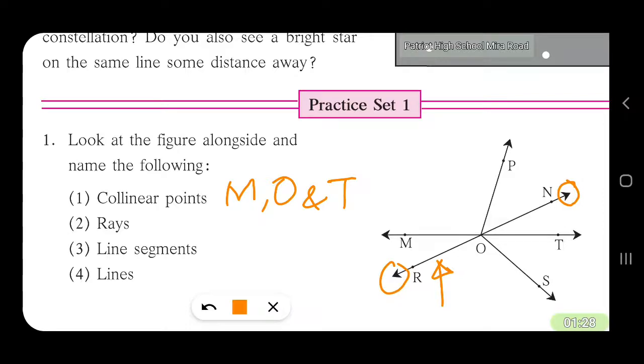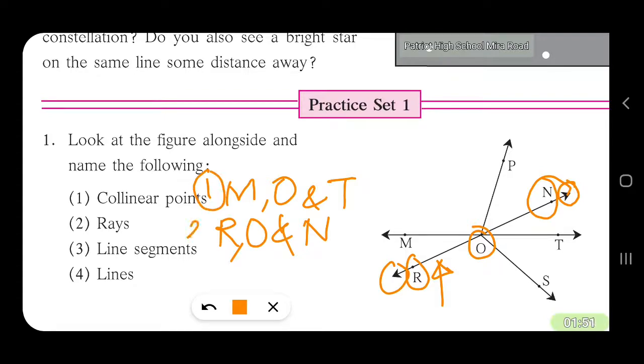Now, there are 3 points R, O, N. They are all lying on the same line. Therefore, these 3 also form collinear points. So, we have 2 sets of collinear points. One is MOT and second is RON.